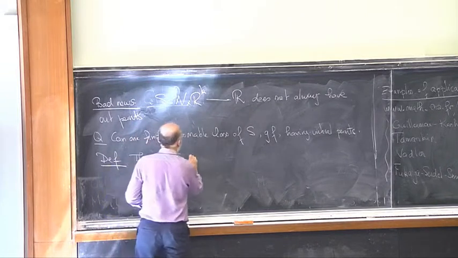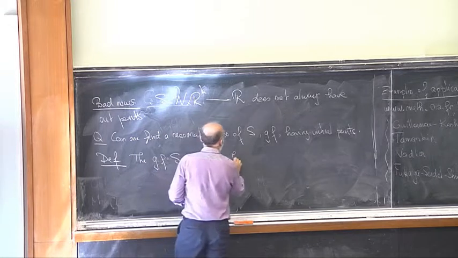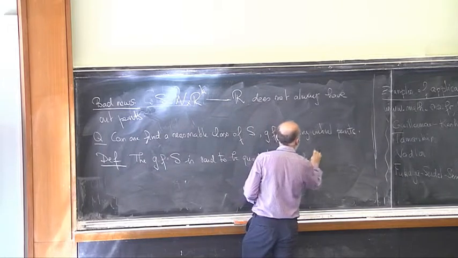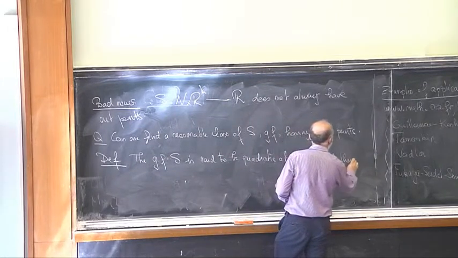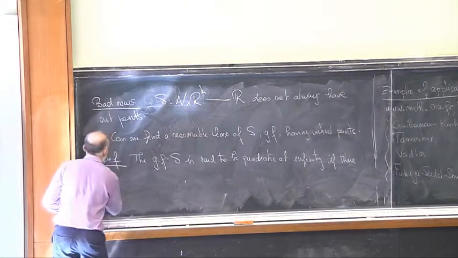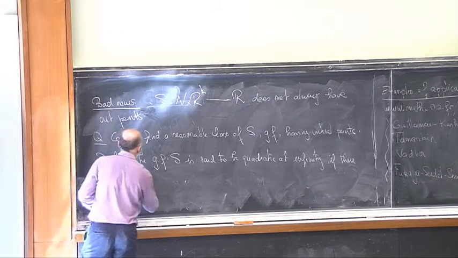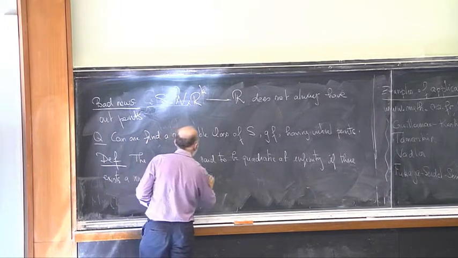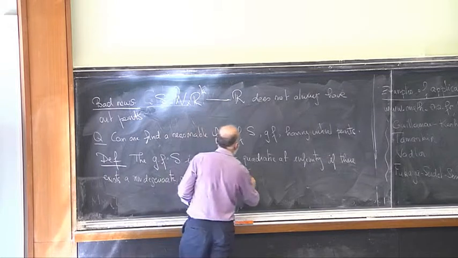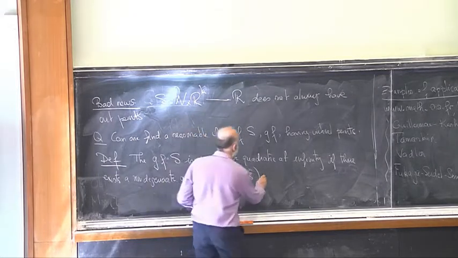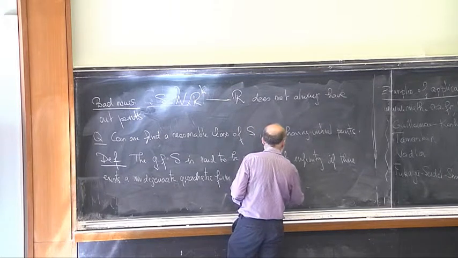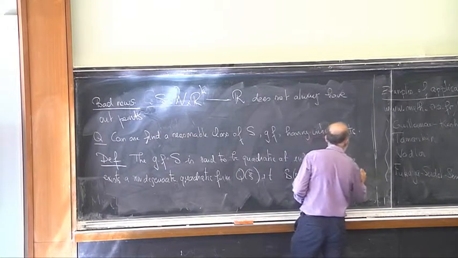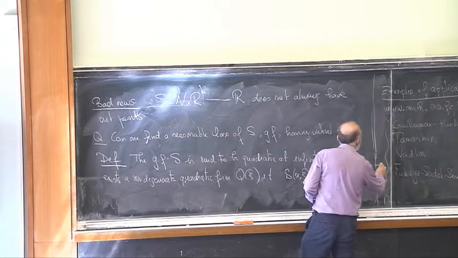The generating function S is said to be quadratic at infinity if there exists a non-degenerate quadratic form Q of psi such that S of x and psi coincides with Q for psi sufficiently large.